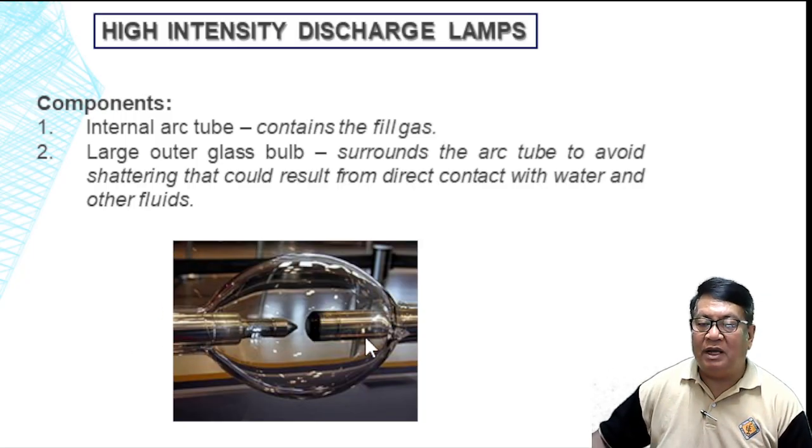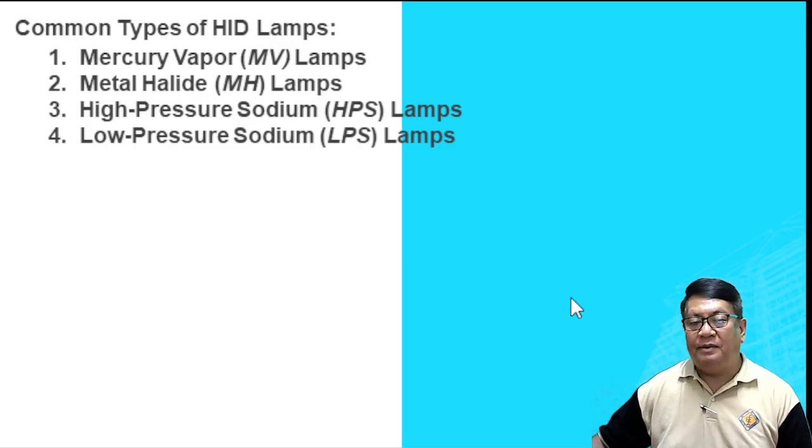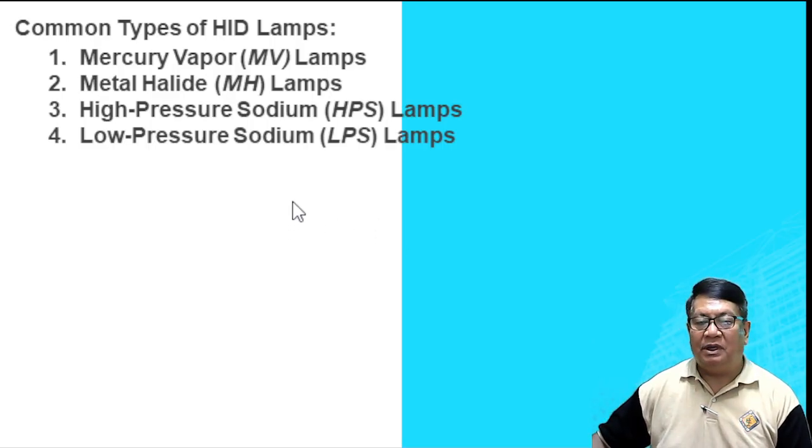Then we have the outer glass bulb, which surrounds the arc tube to avoid shattering that could result from direct contact with water and other contamination or fluids. We have some types of HID lamps: mercury vapor, metal halide, high pressure sodium, and low pressure sodium.